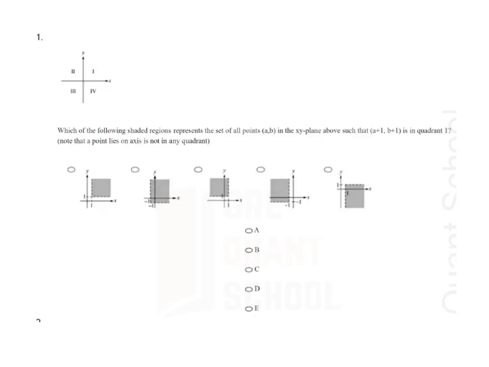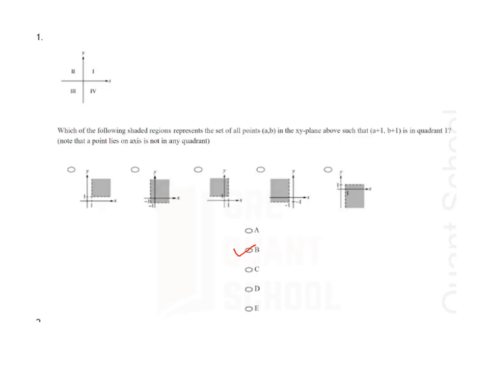Now, if you add 1 to both A and B, it will be in quadrant 1. So our correct answer will be option B. You can check the other options and you'll find that in all other options the point (A plus 1, B plus 1) will not be in quadrant 1.